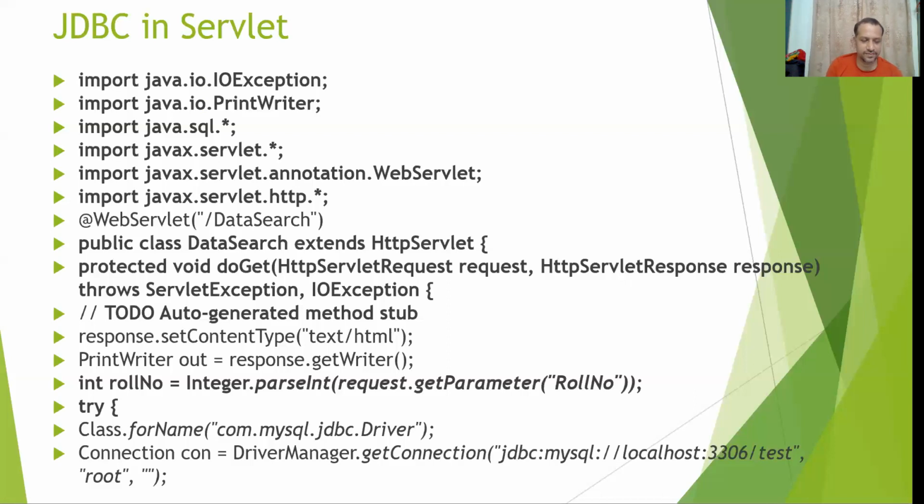After that, the first two lines are required. The response object is there, and with the help of the response object, I have to define what type of response I am going to generate.